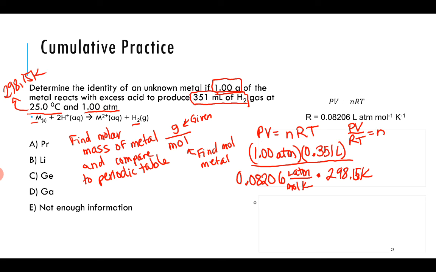And so that is equal to my moles of hydrogen gas, I don't want to forget that's hydrogen gas, not my metal, is 0.14346 moles of H2, keeping extra sig figs for now.